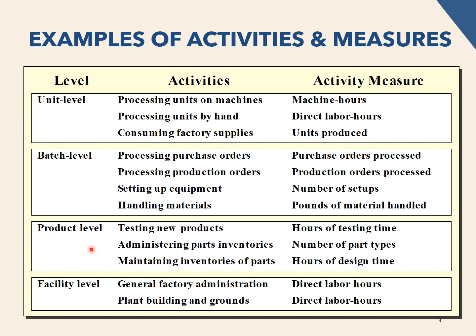Under product level, for the activity of maintaining inventories of parts, the activity measure could be hours of design time. Under the facility level, for the activity of general factory administration, the activity measure can be direct labor hours.